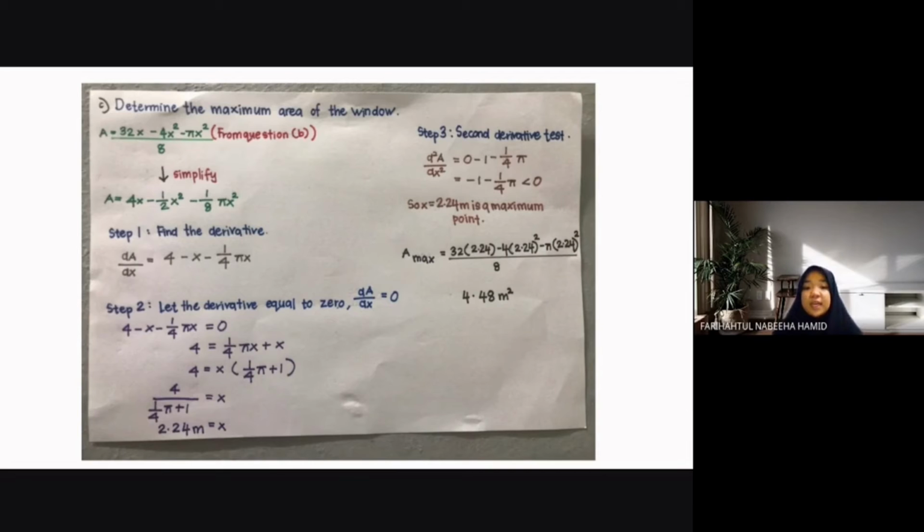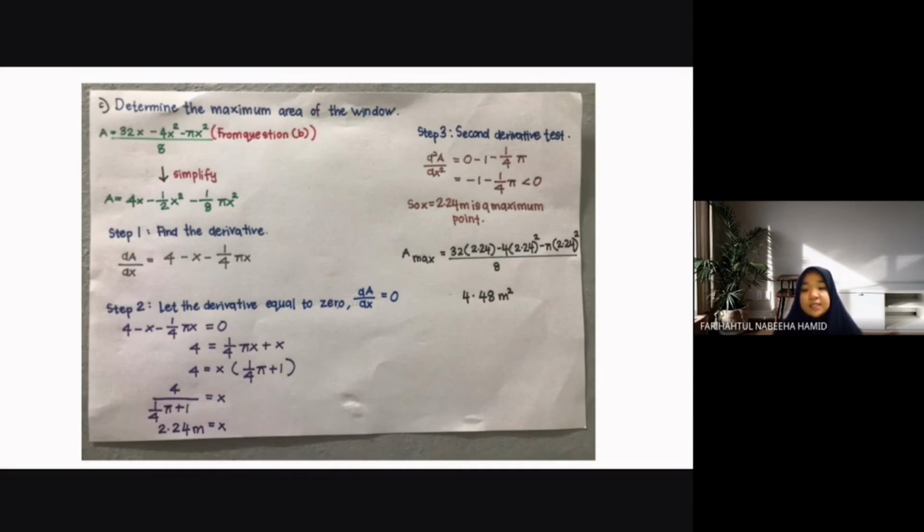And we can simplify this equation and get A equals to 4x minus 1 over 2 x power of 2 minus 1 over 8 pi x power of 2. Then, we need to differentiate the equation. After differentiating, we got dA over dx is equal to 4 minus x minus 1 over 4 pi x.